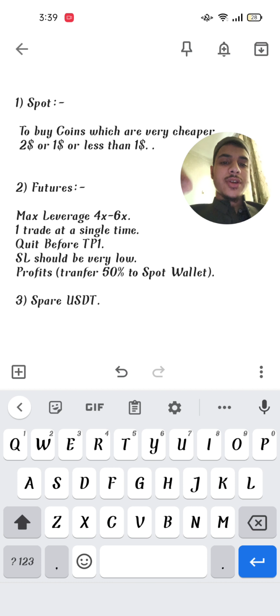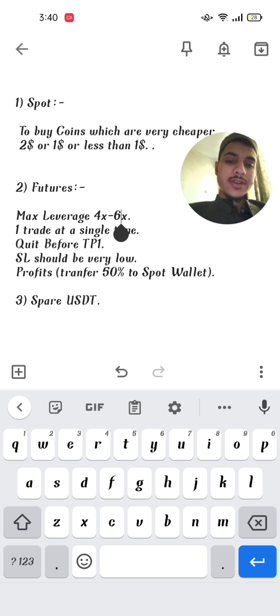It is recommended that you play with 4x or 5x, not even 6x, very low leverage. So your risk is minimal, and if you make profit, your profit is higher than that of spot. So your profit ratio gets higher, and you can keep your risk very low by keeping your leverage low.